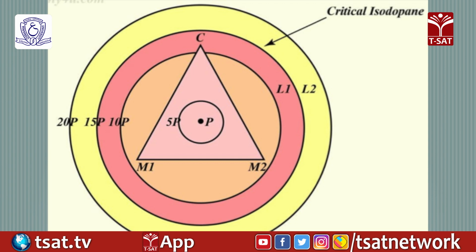The question is whether it would be worthwhile for a manufacturer to locate away from P in order to take advantage of it. Clearly, any location within the 15p transport isodapane would save more on labor than would be spent on the extra transport, and therefore L1 would be a more profitable position than P.